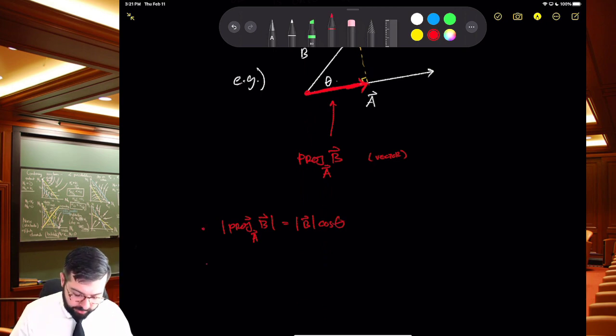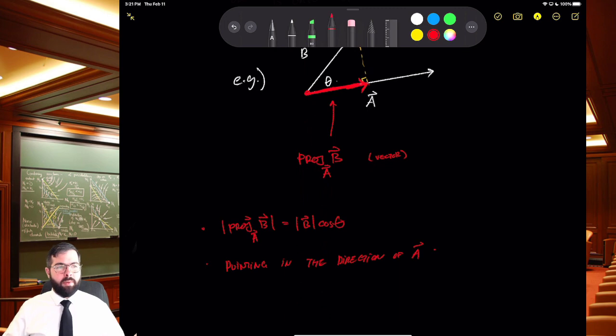And it's pointing in the direction of A. What did we learn about last time? That we can always get a guaranteed vector in the direction of a given vector. We can define a vector that's in the same direction as one that we have.